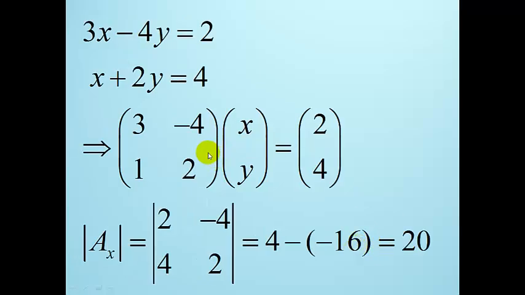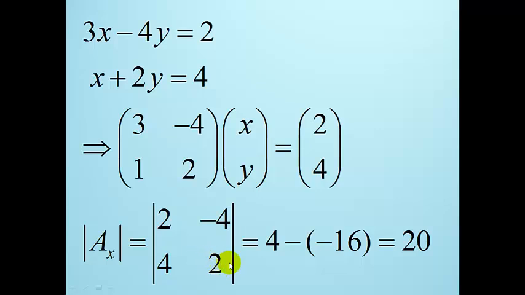Now we are finding Aₓ. We have [3 -4; 1 2] multiplying x, y and giving us 2, 4. If you want to find Aₓ, take note that the minus 4, 2 remains the same, but because we are finding Aₓ, the 3, 1 is replaced by the constant 2, 4. So the determinant of Aₓ will be the determinant of [2 -4; 4 2].